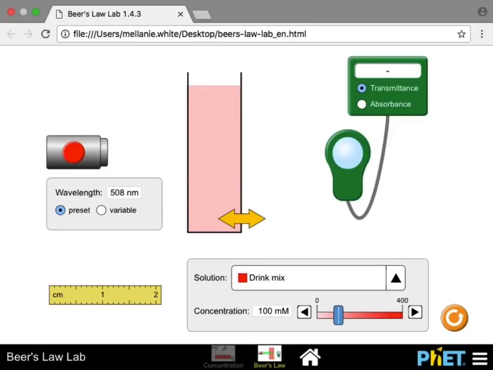Here is a simulation of what's going on in that little spectrophotometer. So here's a drink mix. What color is that drink mix? Does it look pink?